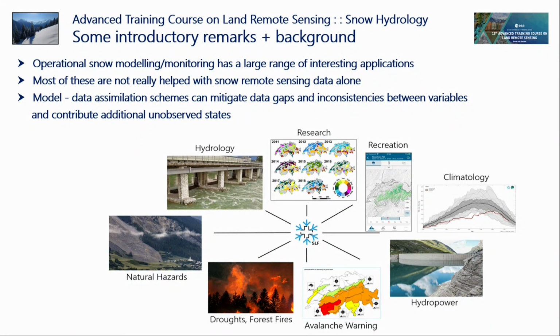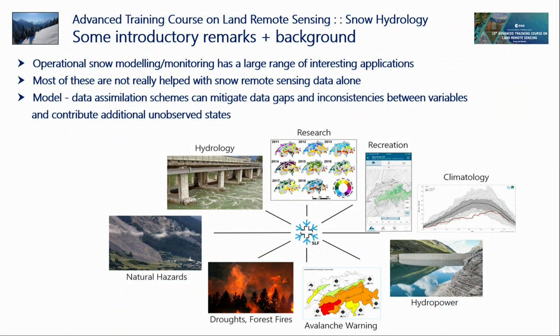And a combination between model and data assimilation can typically mitigate most of those problems, because in the end, you can see a model and data assimilation combination as something that can provide you with a product that has all variables you're interested in, doesn't have gaps neither in space nor in time, because it's a complete model in space and in time.